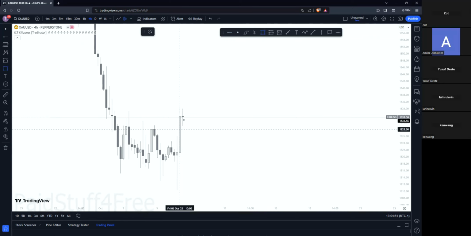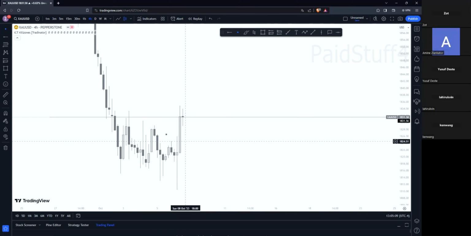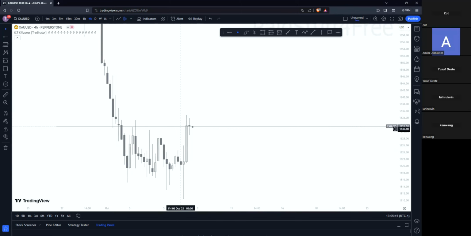Anything that you get below this, doesn't matter what it is, for the SMC people that used to trade before, if you get an order block, let's say an imbalance, anything below the current price will act as a support because it's going to push price up, right? So for SNR, we work with key levels. Any key level below the current price is going to act as a support, and any key level above the current price is going to act as resistance.